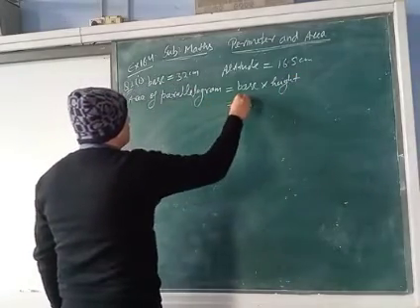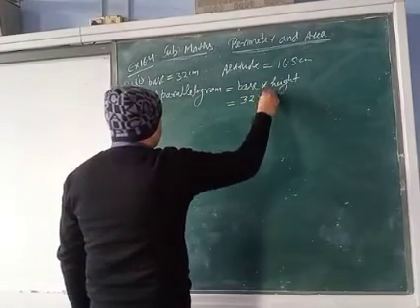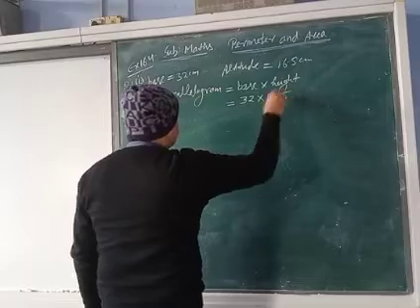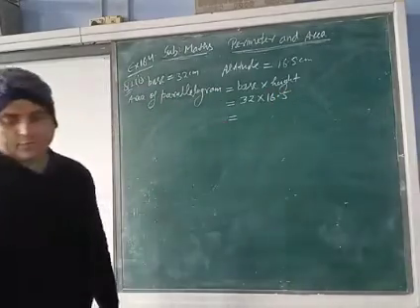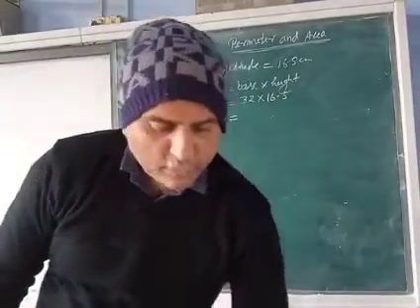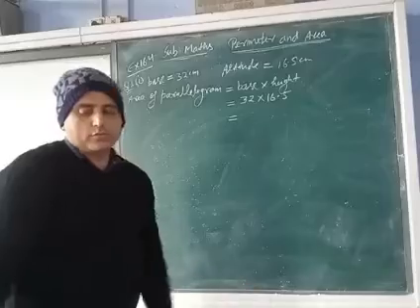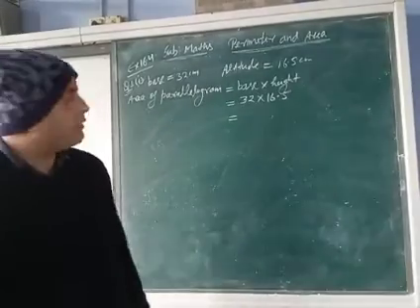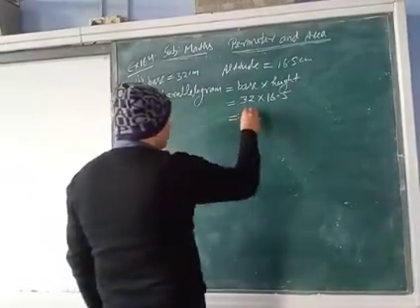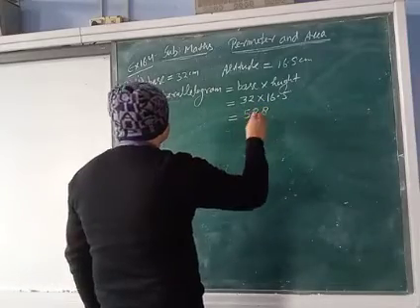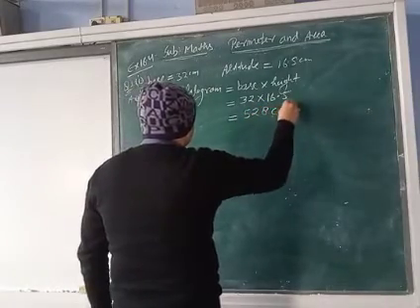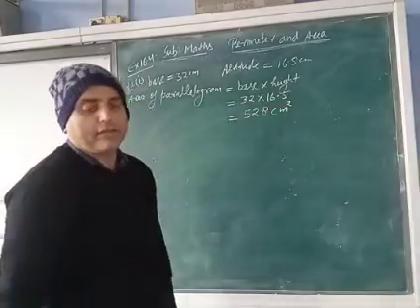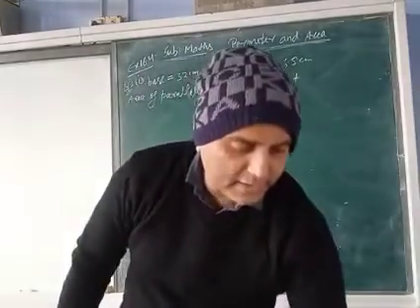What is the base? 32 centimeter, and 16.5 centimeter is the height. So when you multiply 32 by 16.5, the answer should be 528 centimeter square, because for the unit of area you take centimeter square.